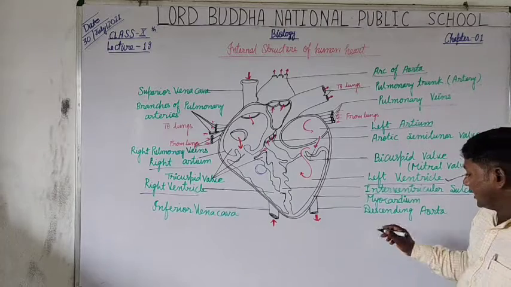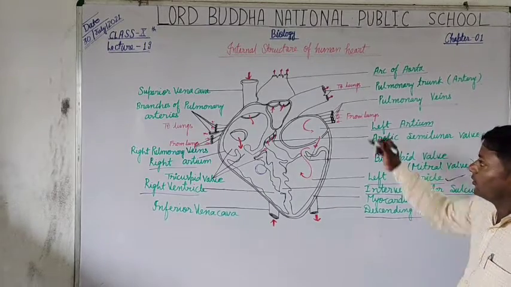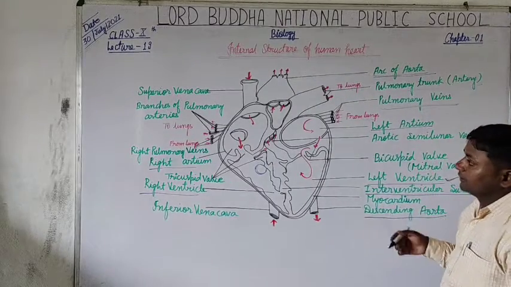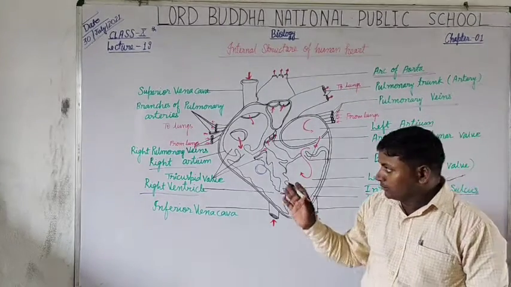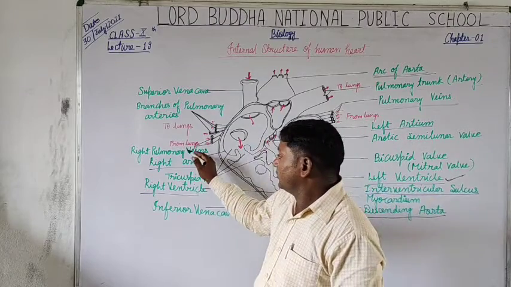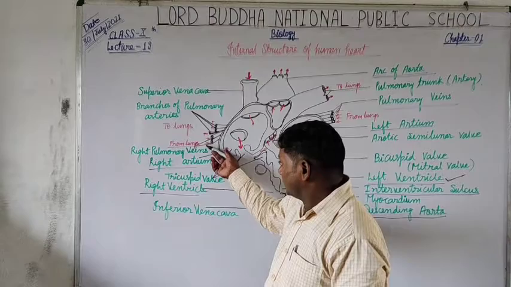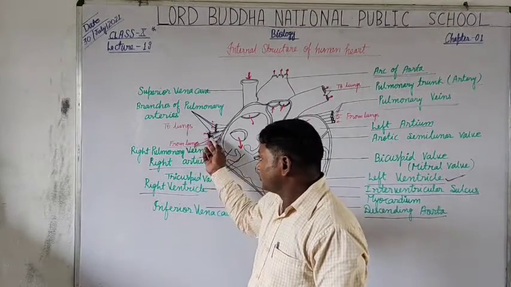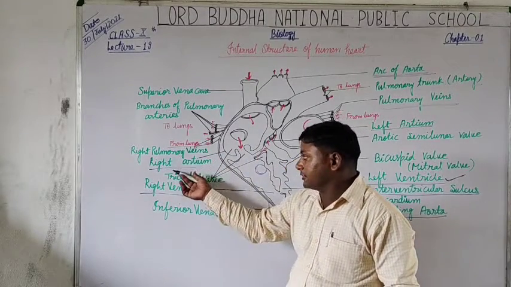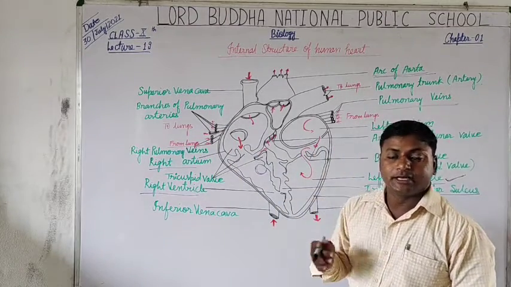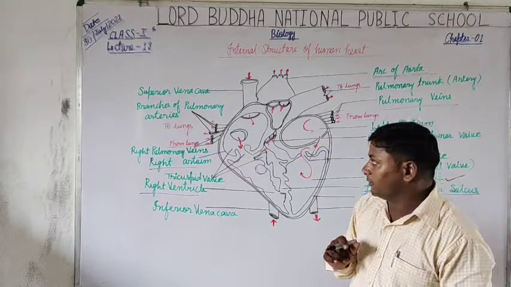And from there, with the help of the arch of the aorta, and as you clearly visualize, the right pulmonary veins and the branches of the pulmonary arteries also help in the circulation of the blood.